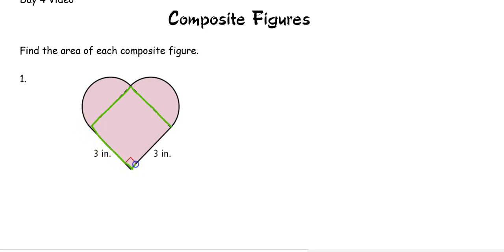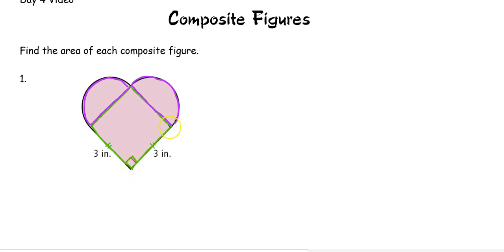And I know it's a square because I have that this side is congruent to this side, and I've got that right angle. I've got those consecutive congruent sides with that right angle there, making it a square. I also have semicircles. Here's a semicircle, and here's a semicircle.